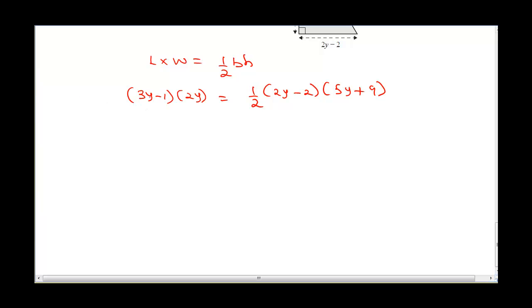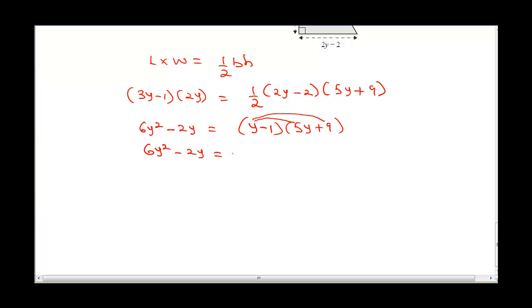So from here, 3y multiplied by 2y is going to give us 6y squared, and minus 1 multiplied by 2y is going to give us minus 2y. This is equal to, now, the 2 cancels out. You're going to have y minus 1 all into 5y plus 9. So this is going to be 6y squared minus 2y. It's equal to, now we're going to multiply this. This will multiply this, this will multiply this.